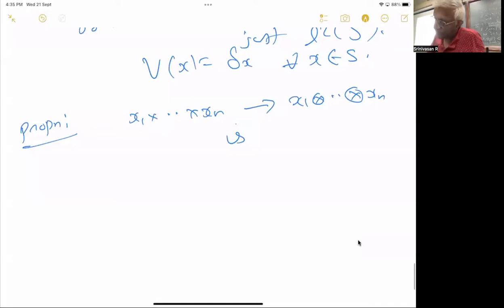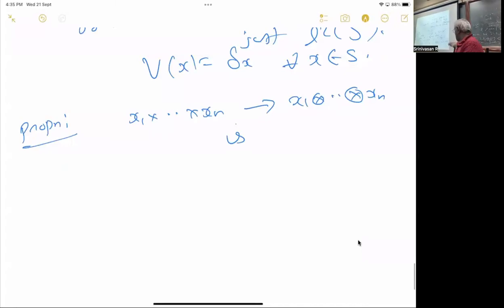Then the Gelfand pair is isomorphic to the symmetric tensor product, H symmetric tensor H, with V of X equal to X tensor X. X tensor X is fixed by permutation, no? So that is an element in the symmetric tensor product.